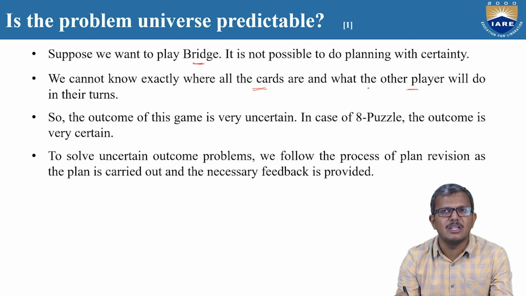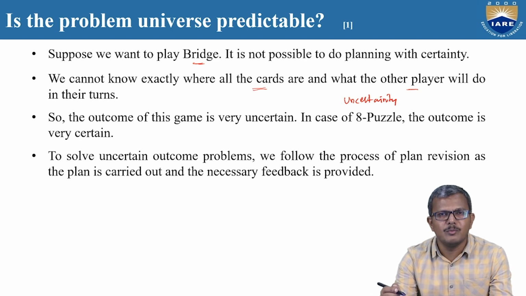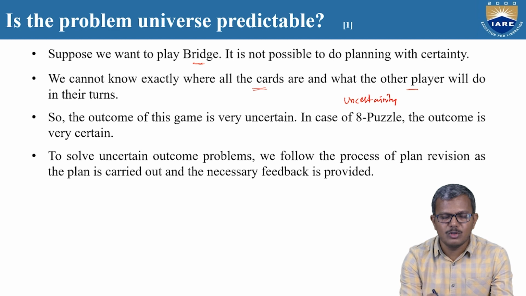This problem is related to uncertainty. Certainty means you can already predict what is going to come next if you make a certain move. If it is uncertainty, you cannot predict what the next state is going to be. So playing bridge is a problem with uncertainty. But in the 8 puzzle problem, it is not the case.